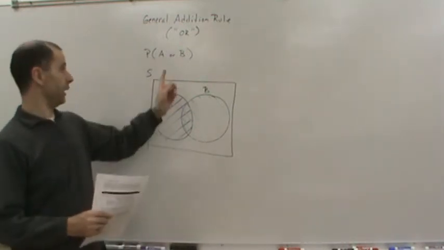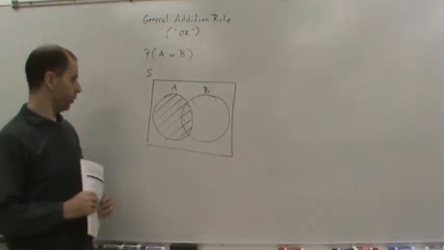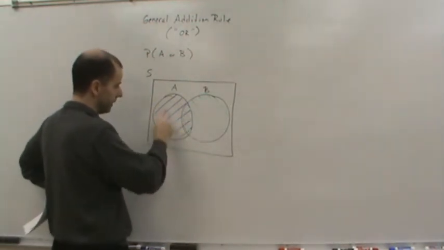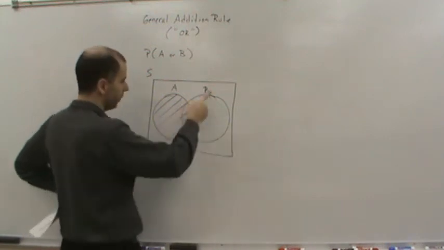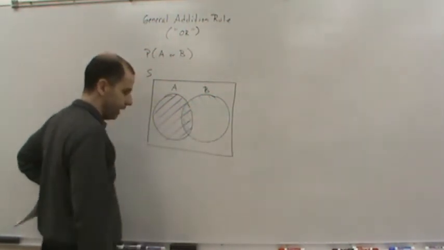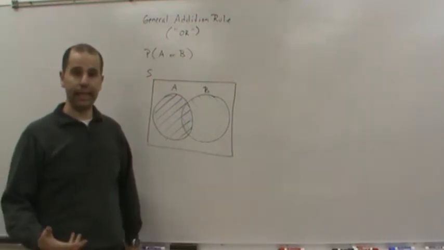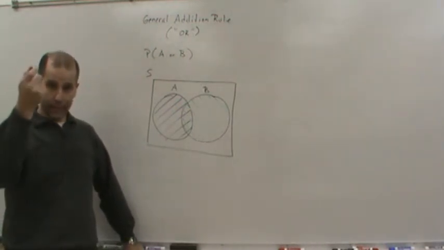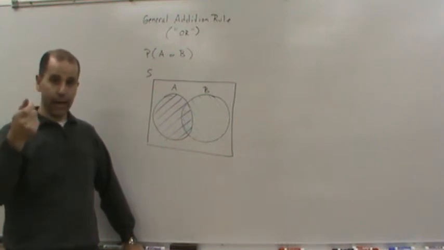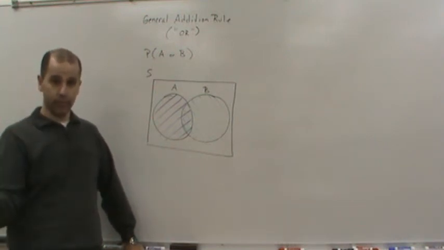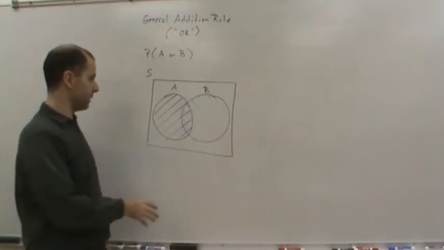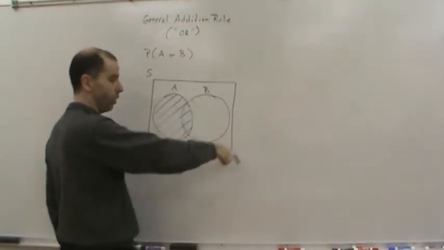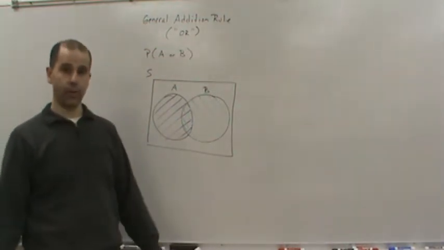That's what OR means. We're going to count all of the outcomes in A, and then count all of the outcomes in B, pull them together, and divide by the sample space to give us the probability. So basically we take all of these together and divide by all of the possible outcomes.